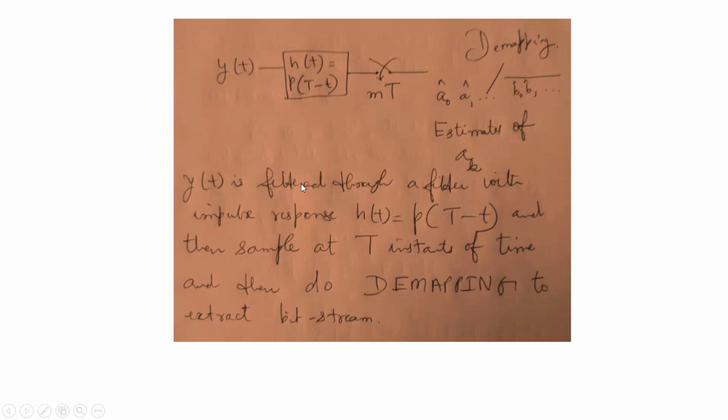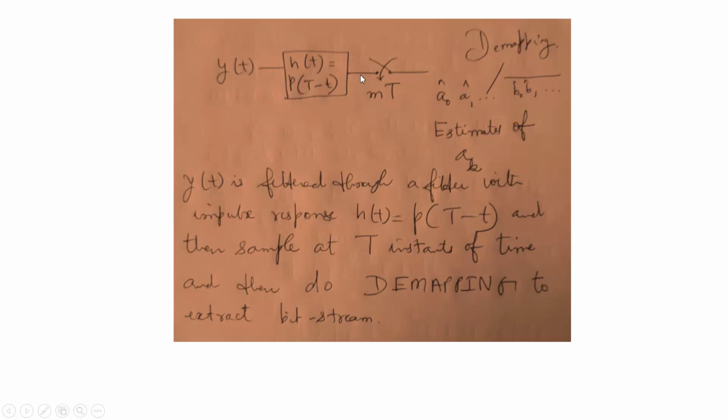So y(t) is filtered through a filter with impulse response h(t) equal to p(T minus t), then sampled at T instants of time, and then demapped to extract the bit stream.